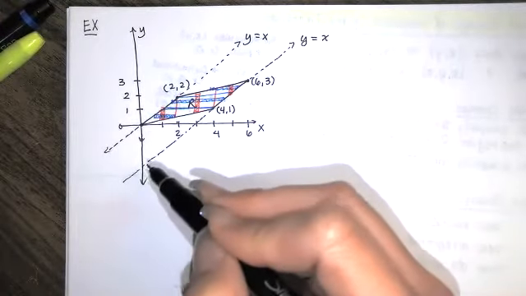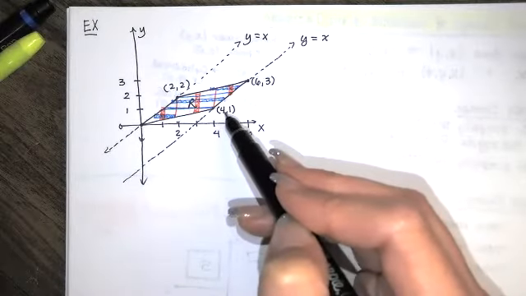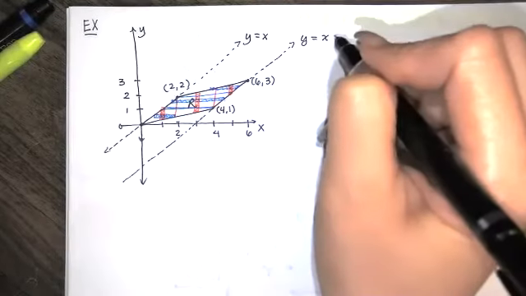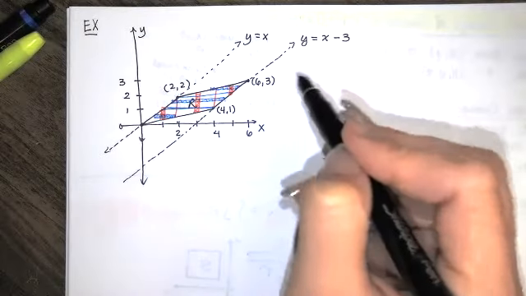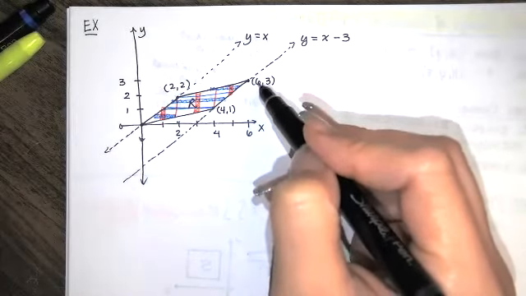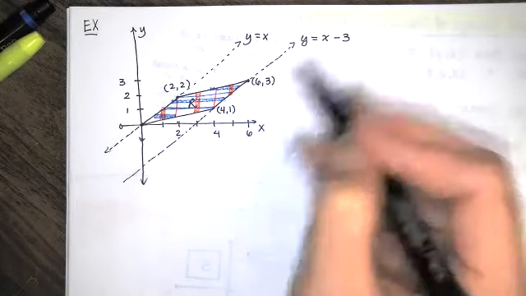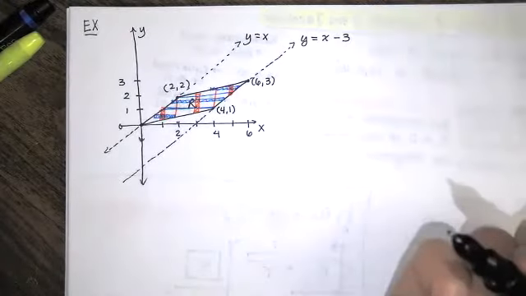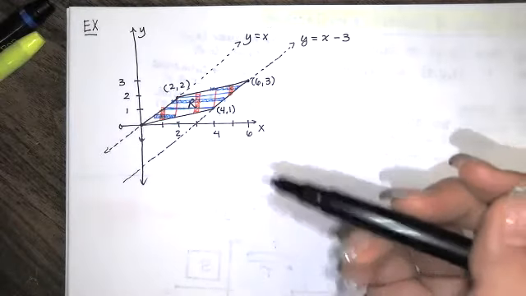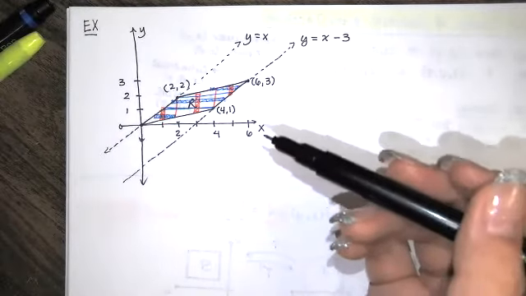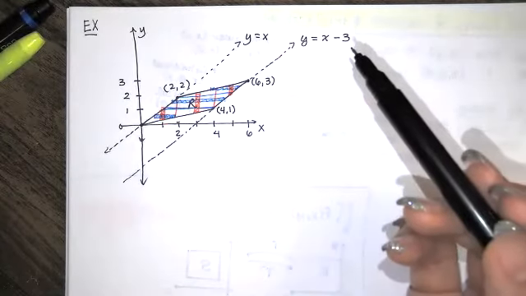Where does it cross the y-axis over here? Well, I know that when y equals 1, x has to be 4. So I think 4 minus 3 would give us 1. Make sure that that works for this point as well. If x is 6, 6 minus 3 is 3. X is 4, we've got 4 minus 3, which is 1. So it satisfies both of those. Or you could find this using point slope form or y-intercept form. Either way is fine. But you see, we've got y equals x and y equals x minus 3.